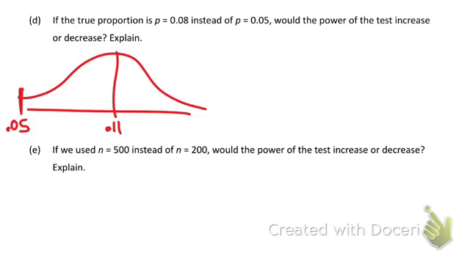If I take a sample, I should be able to pretty easily tell if it's over at 11 or over here at 5. But if I'm here at 8%, then it's going to be a little bit harder to tell if there's really a difference because of the vitamin or if it was just sampling variability. So it's going to be harder to prove that I have actual change. So what does that mean about power? Will it be easier to prove the alternative or harder? Harder. Very good.